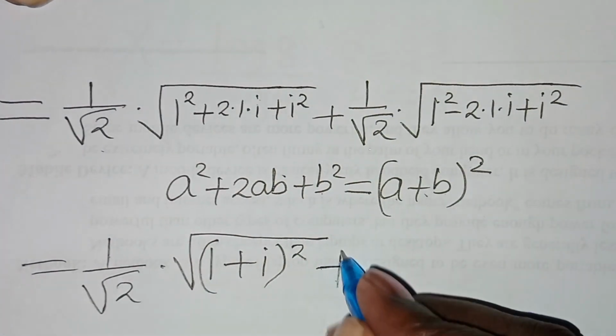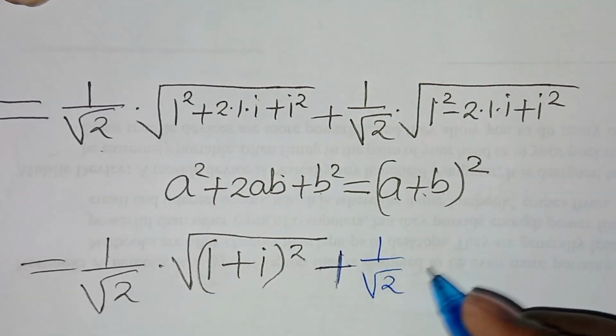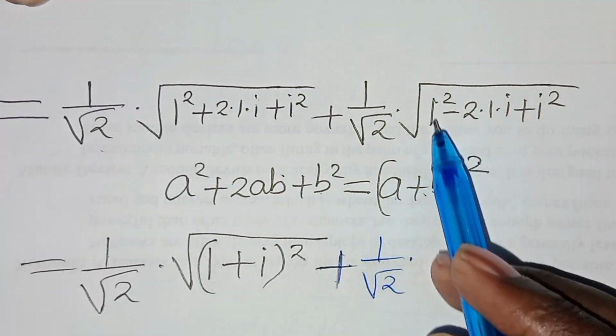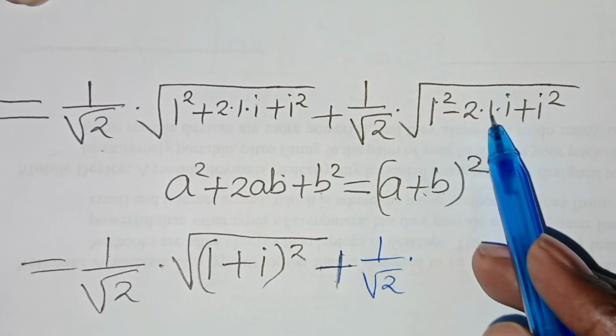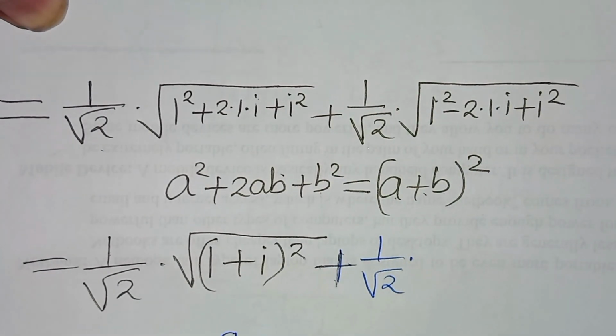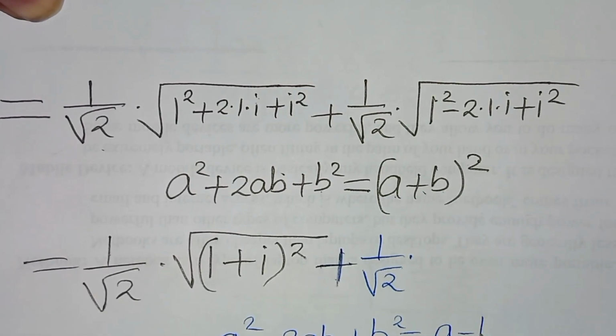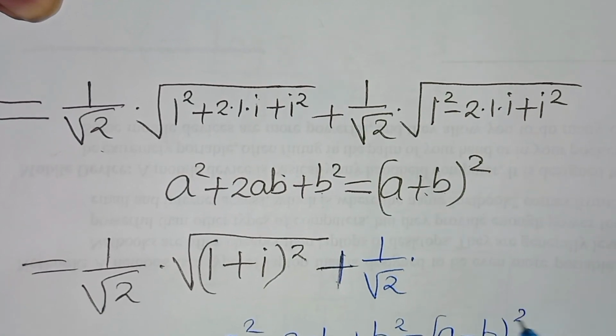Now plus, here we have 1 over square root of 2 multiplied by the square root of 1 squared minus 2 times 1 times i plus i squared. This is in the form of a squared minus 2ab plus b squared, which we can express as a minus b squared.